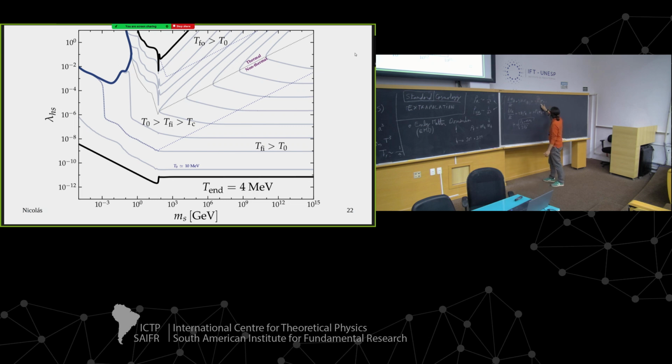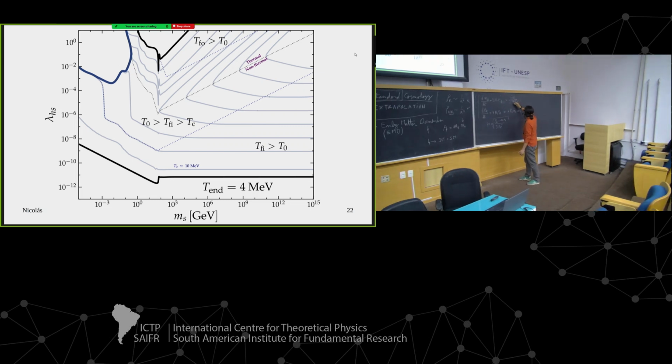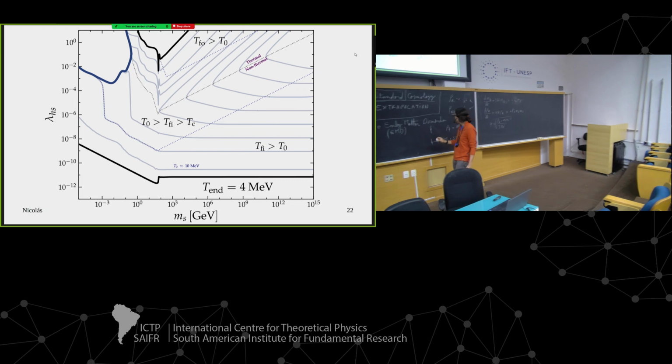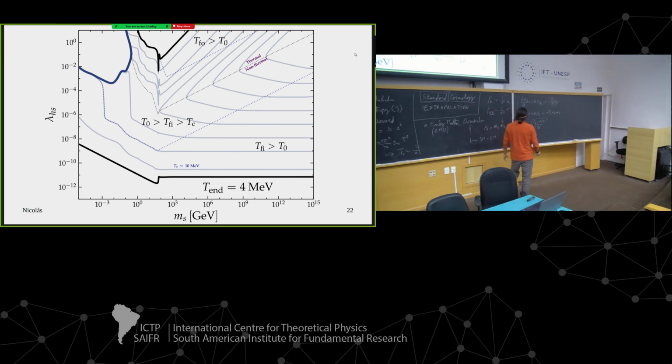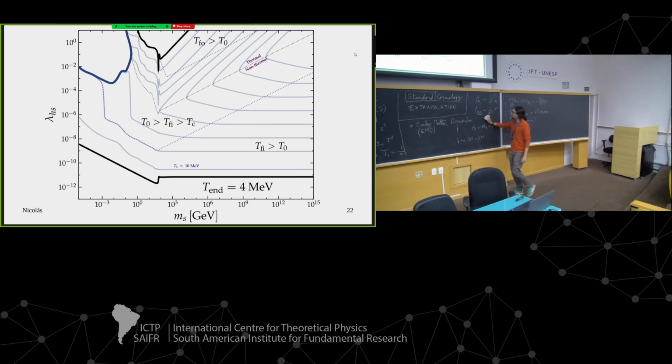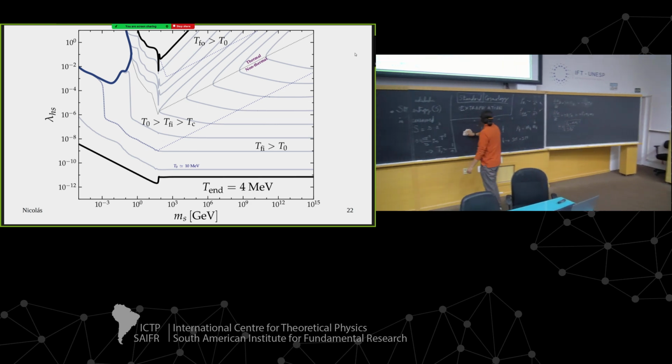So you remove this, you put phi, n of phi, and phi now is not a right-handed neutrino, it's really the inflaton. So not early matter domination, but now it's reheating.